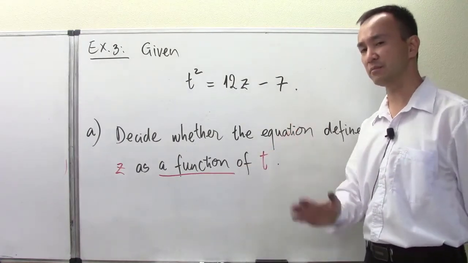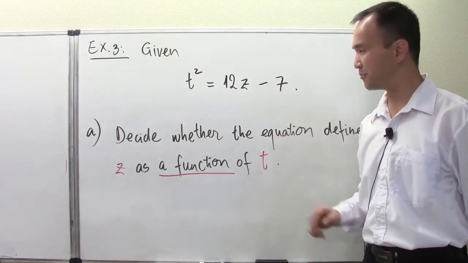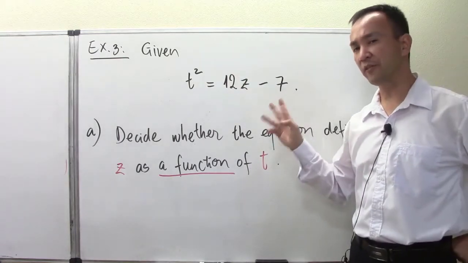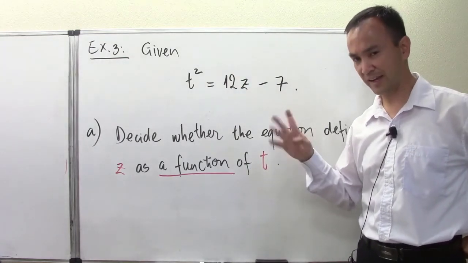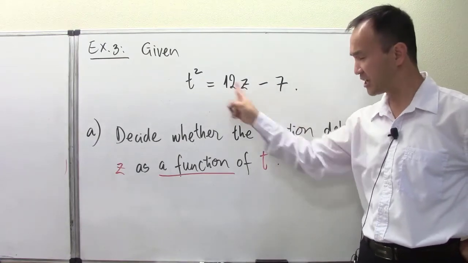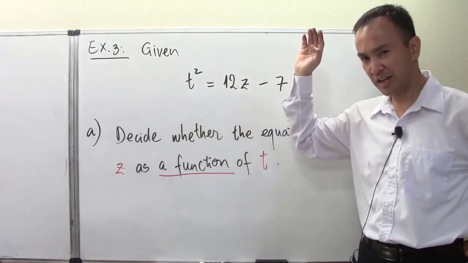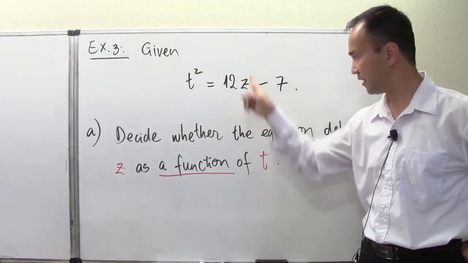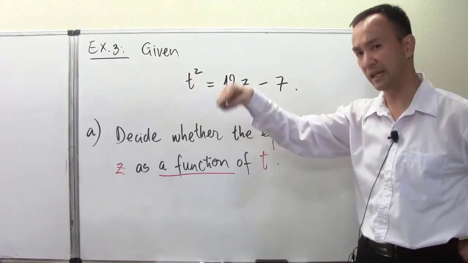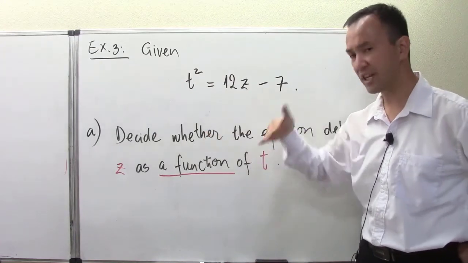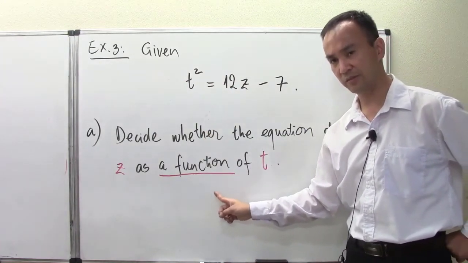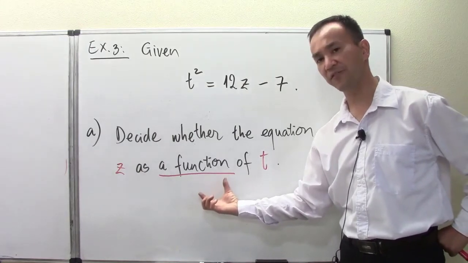Here, instead of a table, we have an equation, and this equation involves two variables. Like I explained earlier, we can take any one of these to be the input, and the other one will come out according to the rule to be the output. But we want to step forward and decide, can that rule be decided as a function?